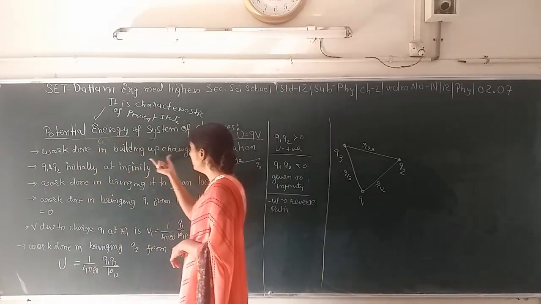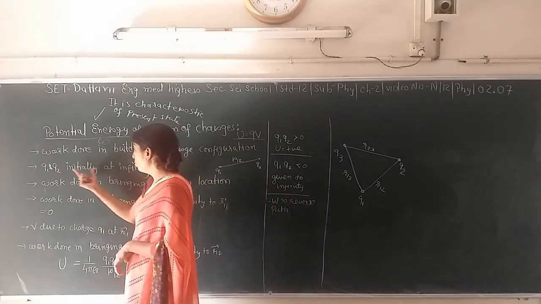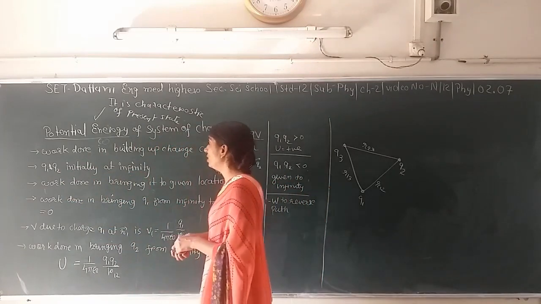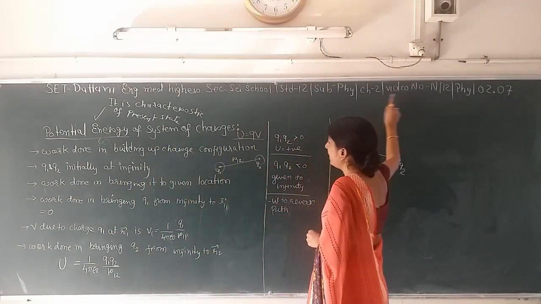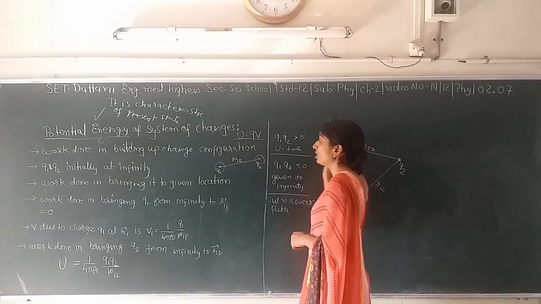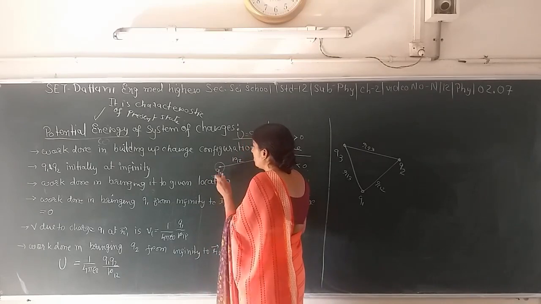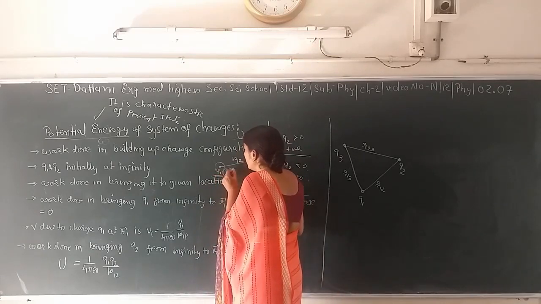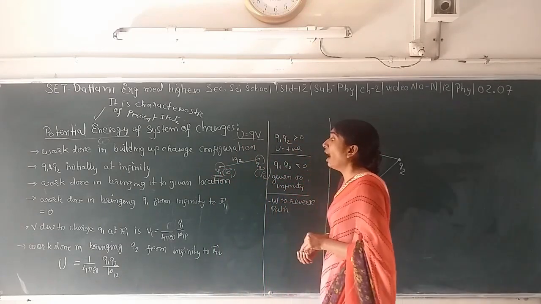Work done in building up charge configuration Q1 and Q2 initially at infinity. Consider that these two charges were initially at infinity and we are trying to bring them to a given configuration. That means Q1 at position vector R1 and Q2 at position vector R2.